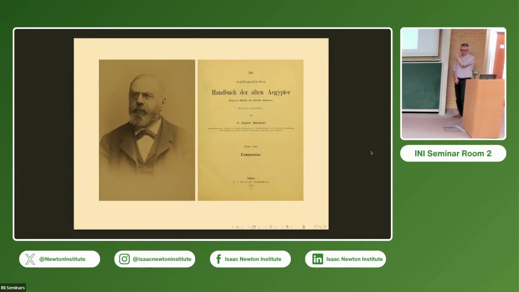This work was heavily updated, as we'll see, but it's quite a remarkable text that he manages to put together, because he's working at a time when the understanding of the underlying language, namely Middle Egyptian, is still not there. People can understand it to an extent, but it's an ongoing project to reconstruct this language. So the fact that he's able to make any sense of this mathematical papyrus is quite remarkable.